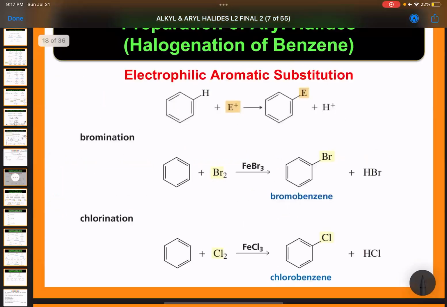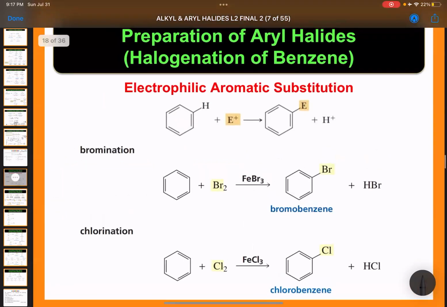Now let's move ahead, and we need to discuss the halogenation of aromatic compounds. Though there are many types of aromatic compounds, they have 4n+2 electrons moving in a cyclic resonance. That's why they are very stable.